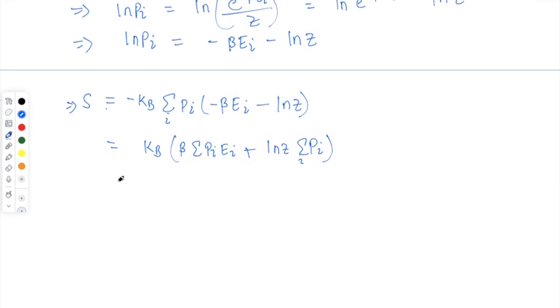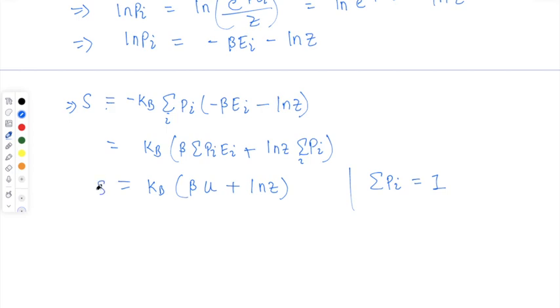Now this is nothing but kB beta times U plus kB ln Z, because the summation of Pi is equal to 1.